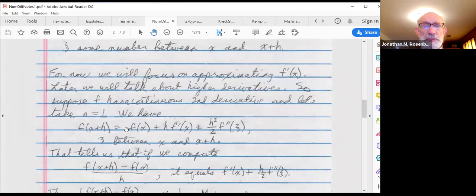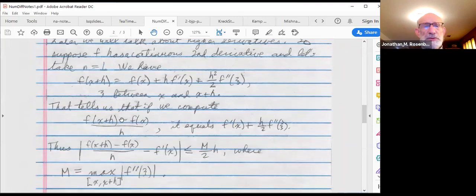So if we rearrange this, that tells us that f of x plus h minus f of x, I'm going to take this and move it over to there, then divide by h, so then that gives us f prime of x on the right, plus this thing divided by h, which is now h over 2 f double prime of xi.